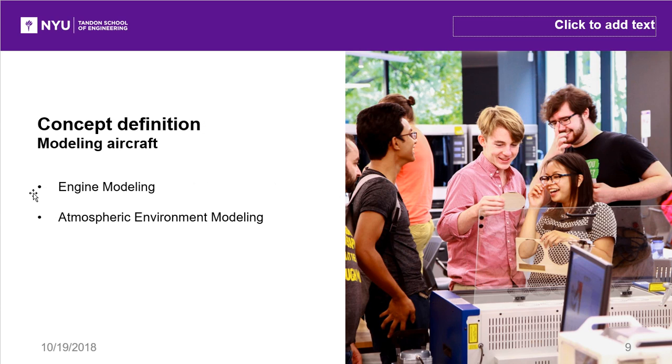The modeling aircraft is mainly divided into two models, as I found in research online. One is engine modeling. The next one is atmospheric environment modeling. The engine is the exclusive control mechanism of the flight management system and is the main source of aircraft power.